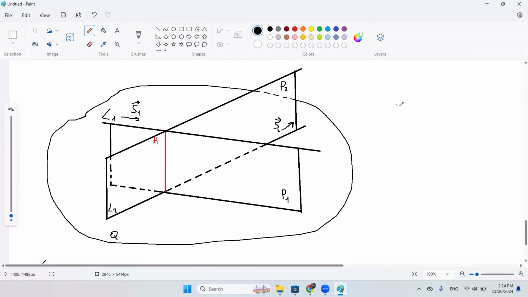So what do we know about planes P1 and P2? L1 belongs to P1 and L2 belongs to P2. So they pass through these straight lines.